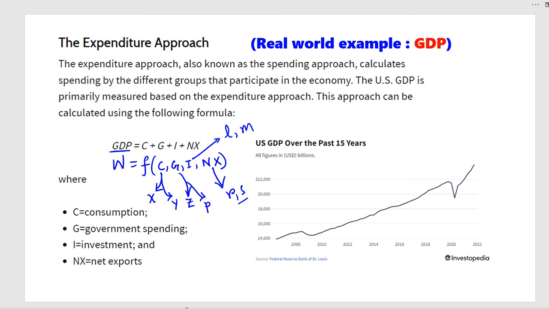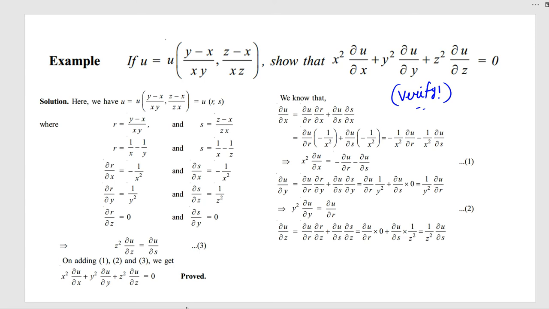I'm giving one rough idea, but it's a much more complicated calculation, and we need some higher mathematics to understand this completely. The purpose of this example is to give you the idea of chain rules.